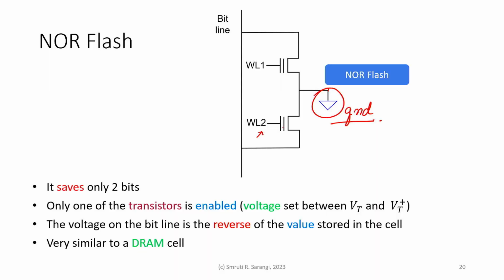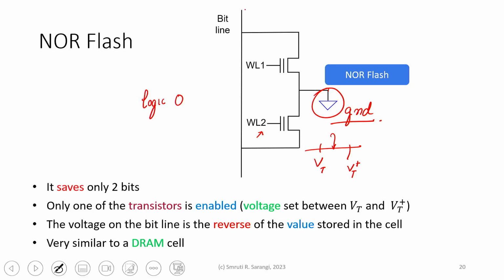So basically, let's say you decide to enable this transistor, you set its threshold voltage here. The moment you set it between Vt and Vt plus, clearly if it is logic 0, what will happen is it is not going to conduct.